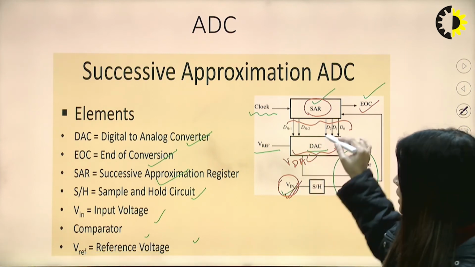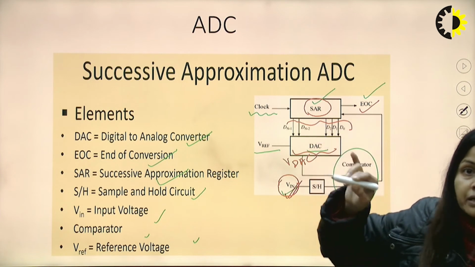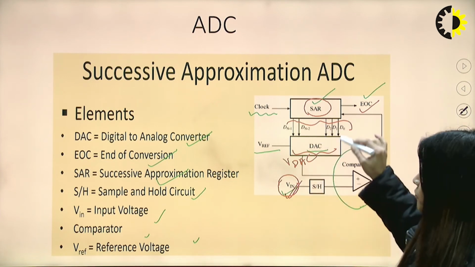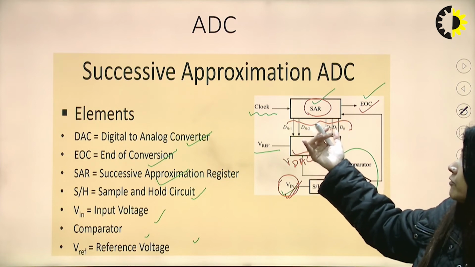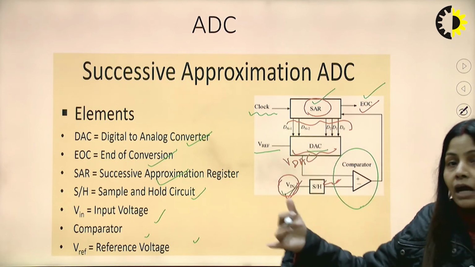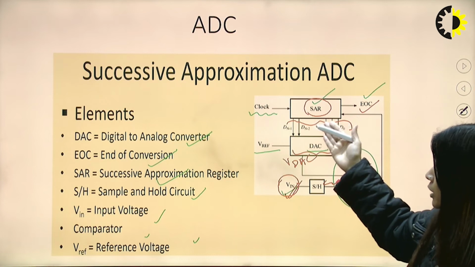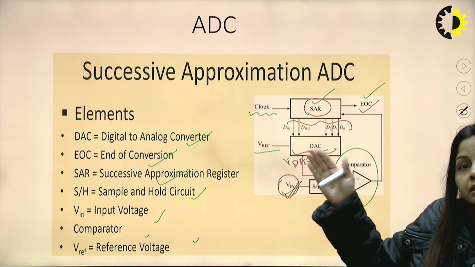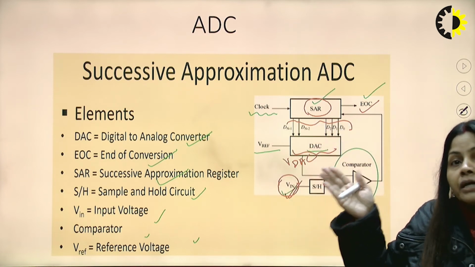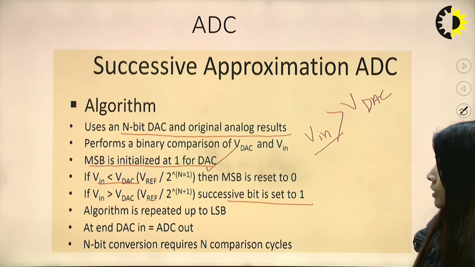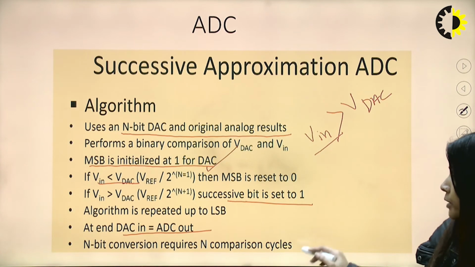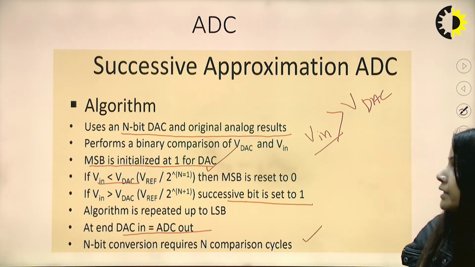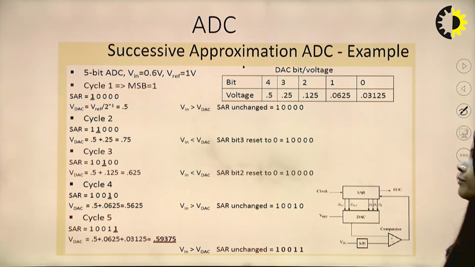So this will go up to the LSB, right? At a point there will be a stoppage, whenever D1, D2 and all the bits are equivalent to this Vin, then the end of conversion will be there. So at the end, DAC in will be equal to ADC out, and n-bit conversion requires n comparison cycles. Let us take an example to understand it well.